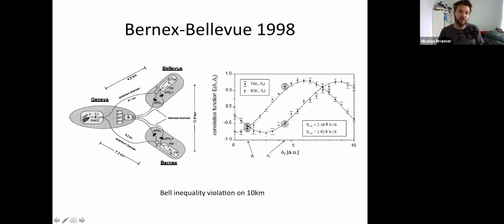Okay, so the question is, does this entanglement survive if you separate, let's say, the photons by 10 kilometers or something like this? And so that's why people here thought, okay, let's try to implement this test of quantum non-locality on 2 really well-separated photons, right?